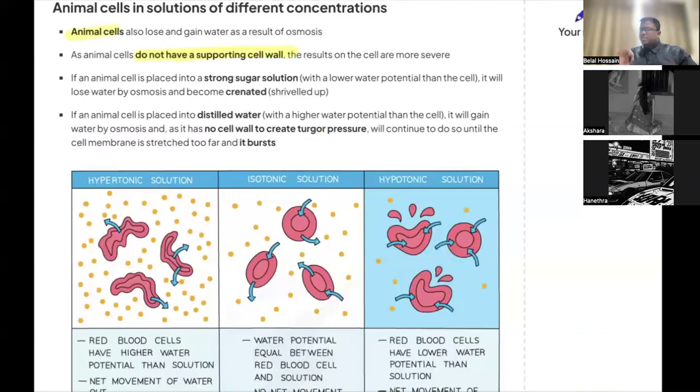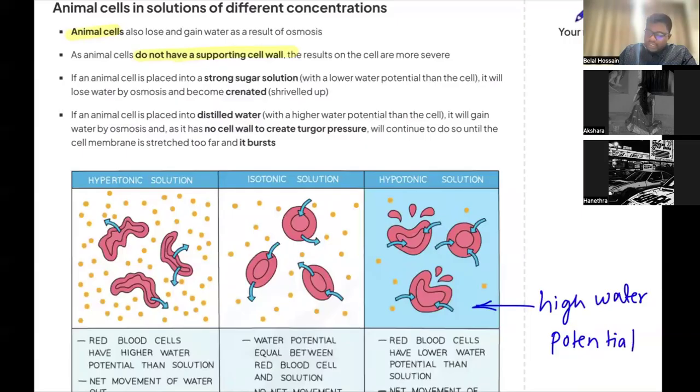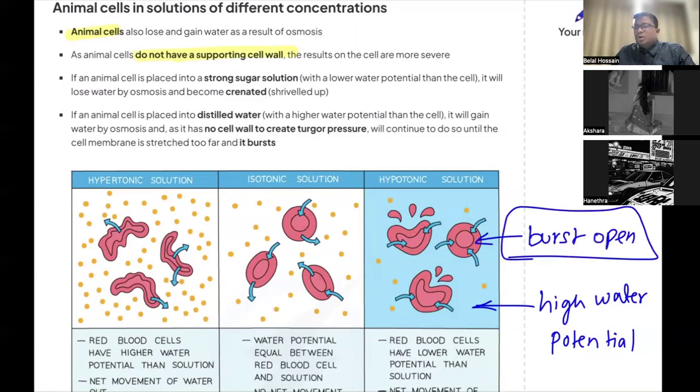Now, in animal cells, we do not have any supporting cell wall. So if we put our cells in a solution that is hypotonic, meaning like pure water, with high water potential, our cells will gain so much water that they will burst open, because our cell membrane does not have a cell wall.